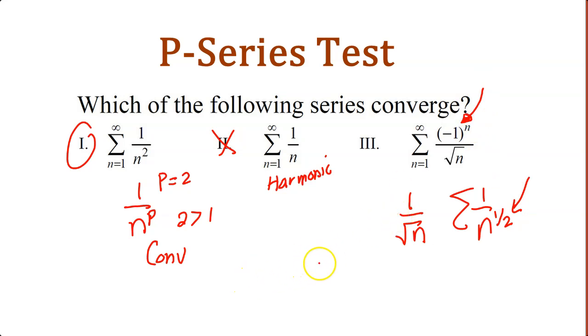So since it's alternating, and the terms go towards 0 and decrease in magnitude, it will converge. So our last one also converges, but without the alternation piece, it would have diverged. But it does converge because of its alternation.